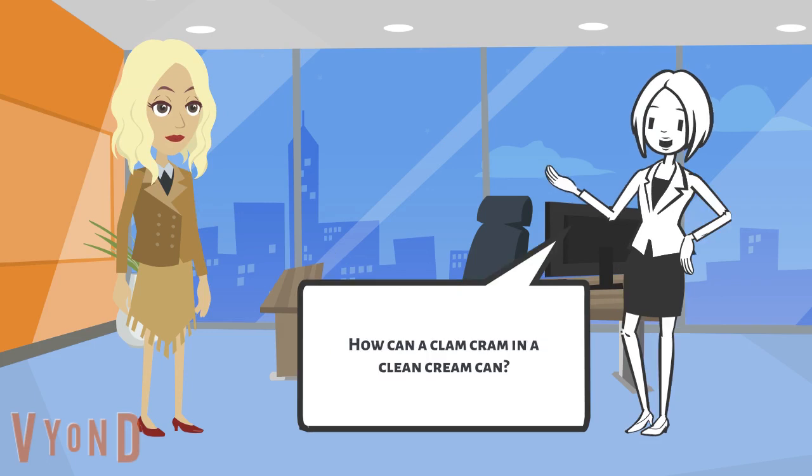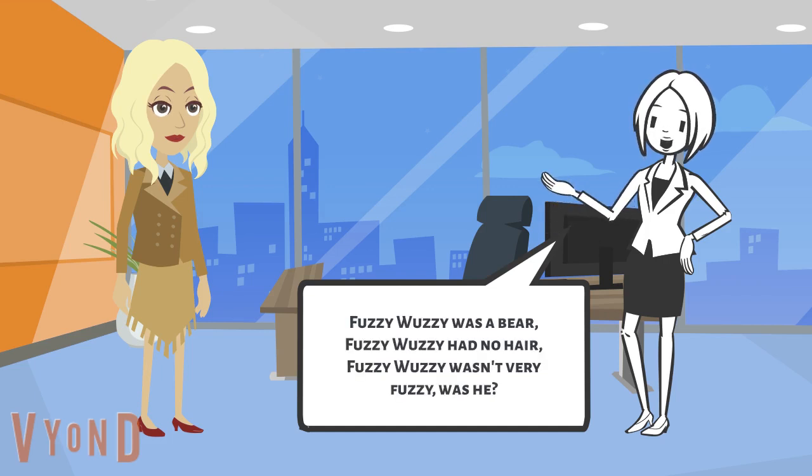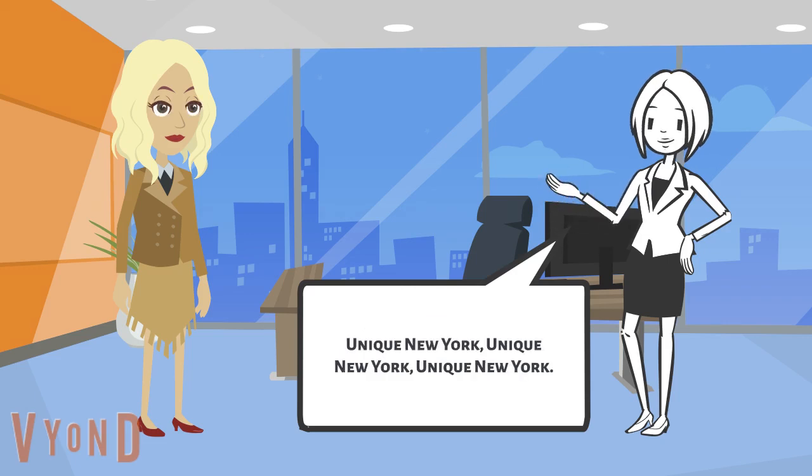How can a clam cram in a clean cream can? She sells seashells by the seashore. Peter Piper picked a peck of pickled peppers. Fuzzy Wuzzy was a bear. Fuzzy Wuzzy had no hair. Fuzzy Wuzzy wasn't very fuzzy, was he? Unique New York, unique New York.